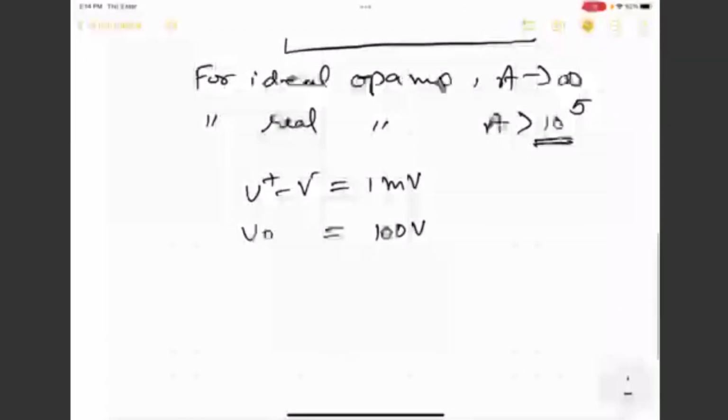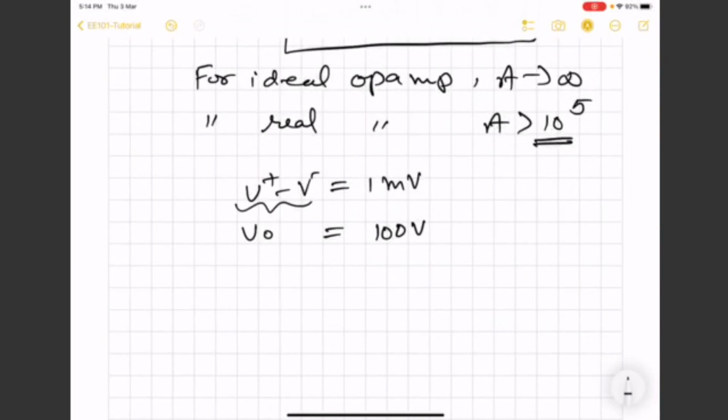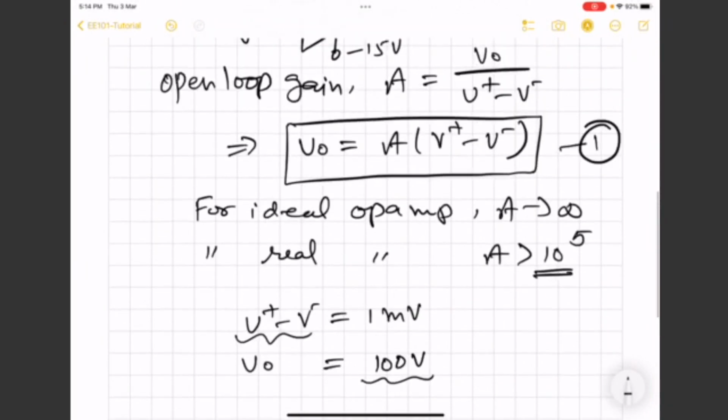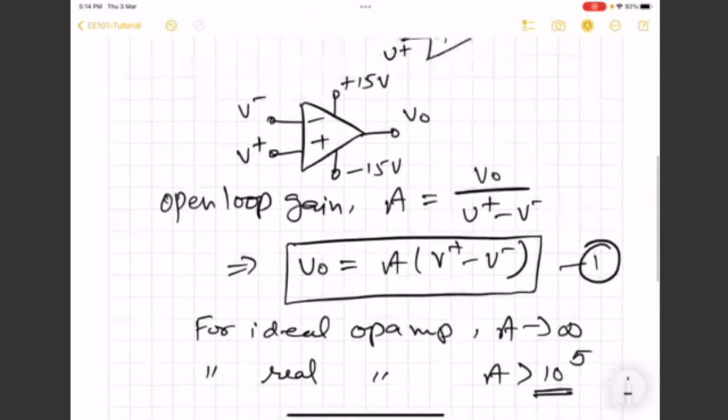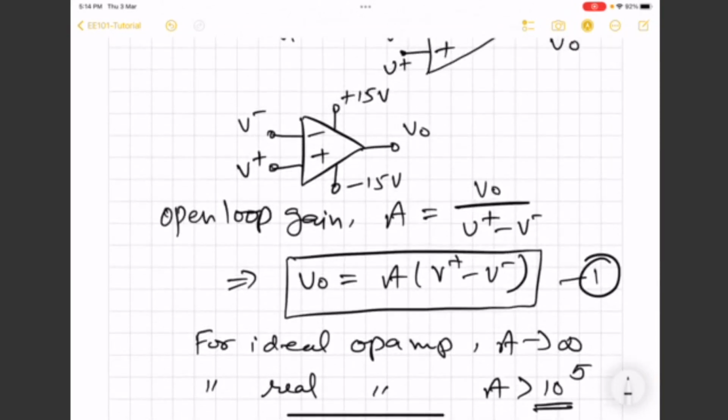So you can see that even if we apply a very small voltage at the input, 1 millivolt, the output voltage, as per this fundamental, universal equation, is going to be 100 volt. But since this op-amp is operating on plus and minus 15 volt, the output will never be greater than plus 15 or minus 15 volt.